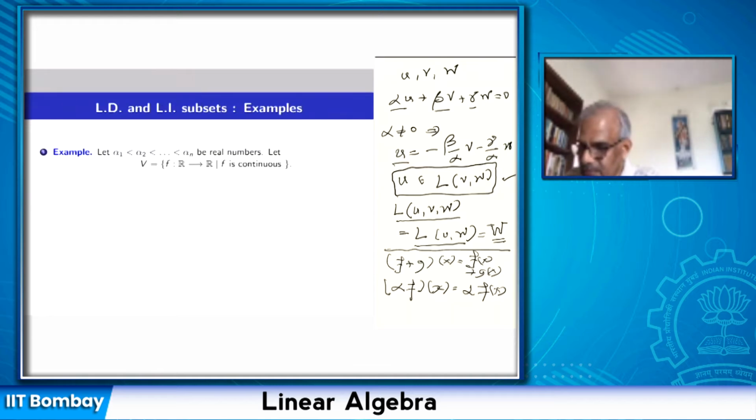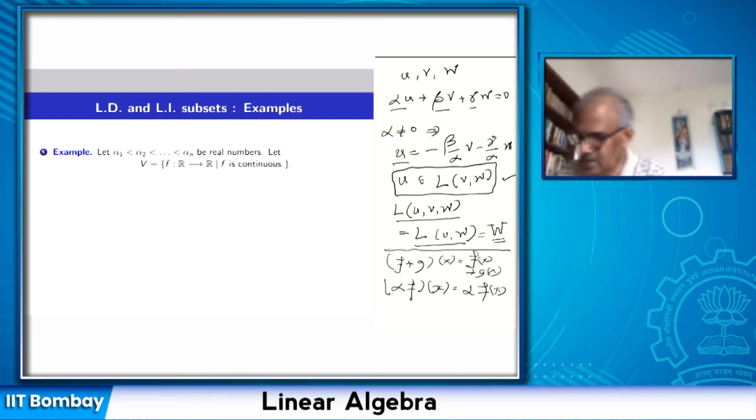Now let me produce an infinite linearly independent set. Okay, we will see later. You cannot do that in Rn.